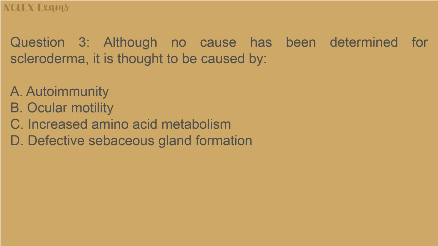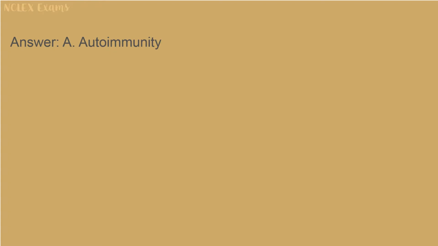Question 3. Although no cause has been determined for scleroderma, it is thought to be caused by A. Autoimmunity. B. Ocular motility. C. Increased amino acid metabolism. D. Defective sebaceous gland formation. Answer: A. Autoimmunity.